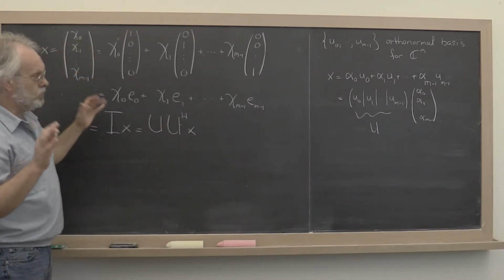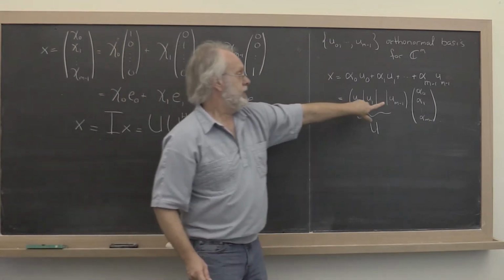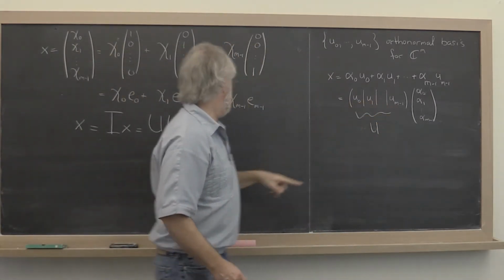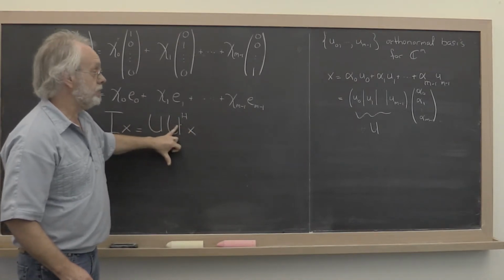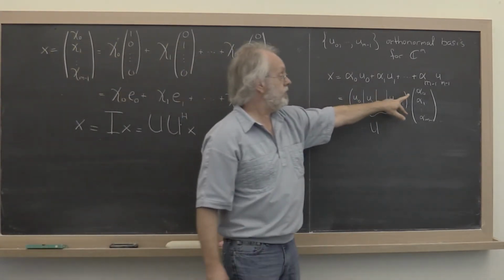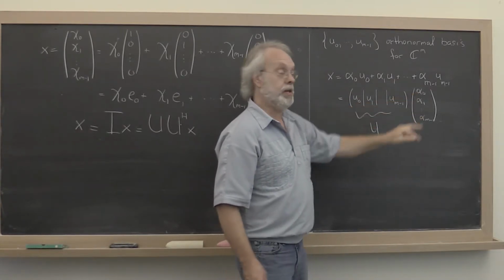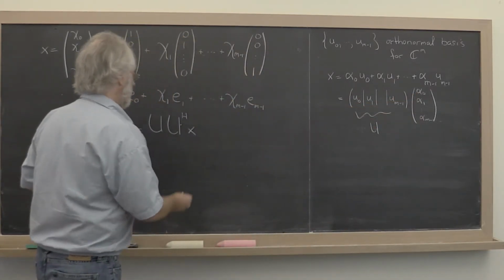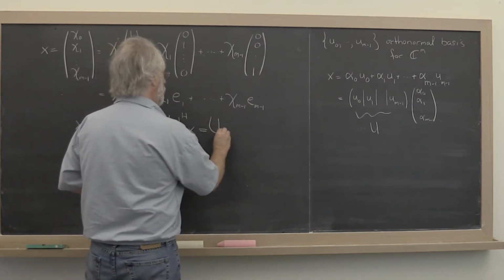Oh, well, we're starting to get close because this U here is what we have right here. And U Hermitian transpose times x is a vector, which then should give us the coefficients that we desire.